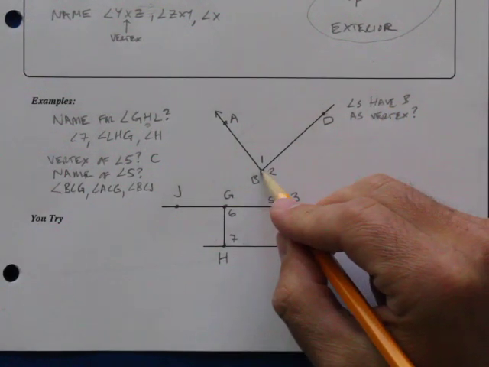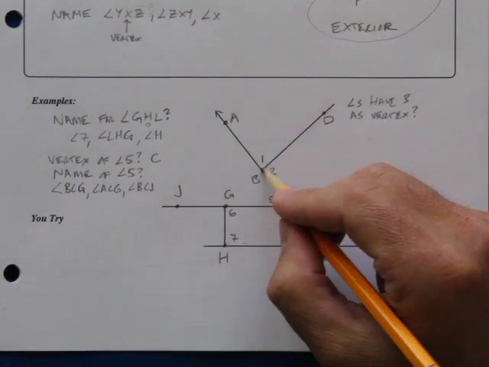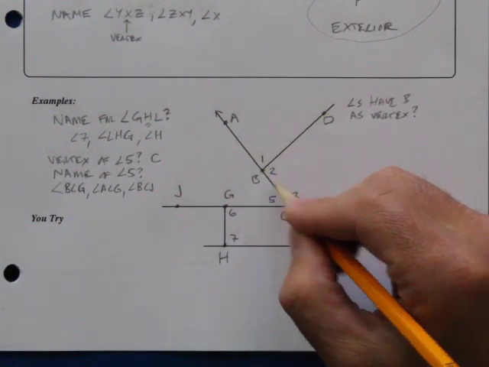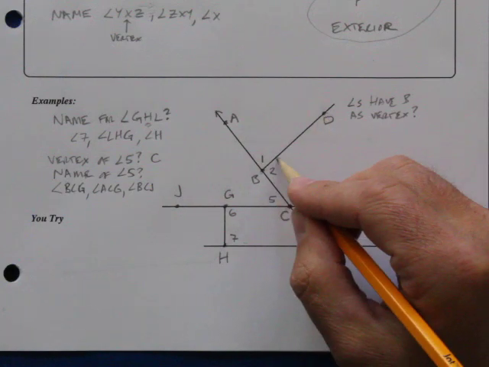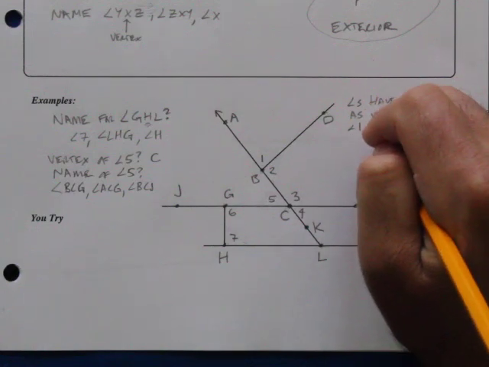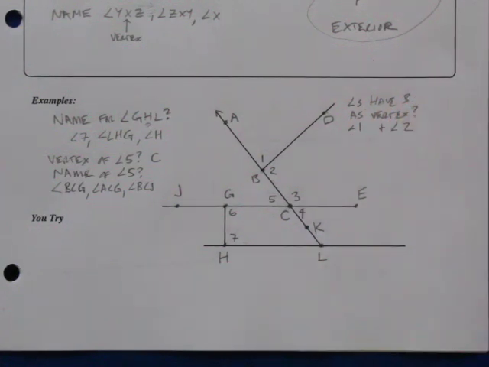So here's B as my vertex, so here's an angle that has B as my vertex, and then here's another angle that has B as my vertex. So this one and this one. So I've got angle 1 and angle 2.